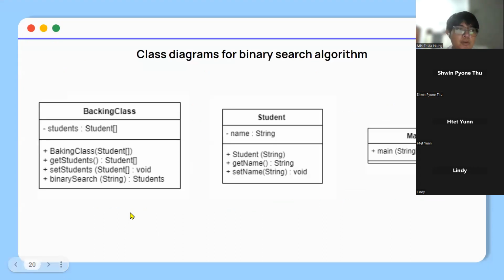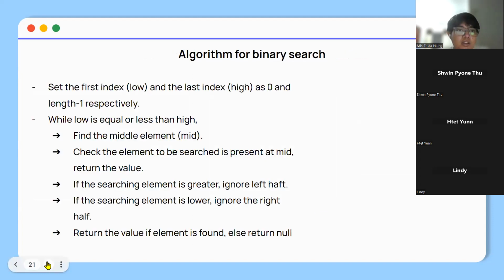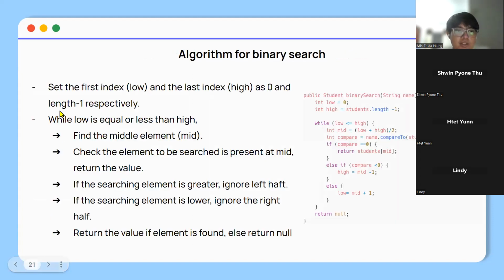We have developed a program to search for a student name in the baking class using the binary search algorithm. Here are the class diagrams for our program. To perform the binary search, we set the first index low and the last index high as 0 and length minus 1 respectively.